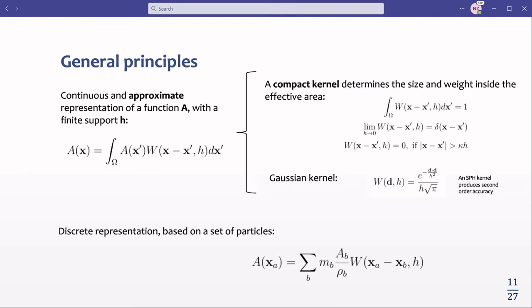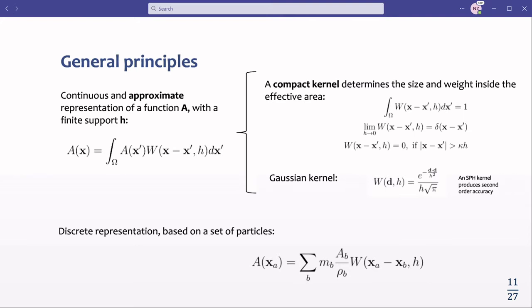Also, if our support h tends to 0, this kernel should converge to the Dirac distribution. What this means is that in a continuous domain in which, let's say, we know all the values at every location, if we were to pick a particular point arbitrarily and apply this formula with h equals 0, that means that the value of the interpolated A is equal to the value of the property at that location.